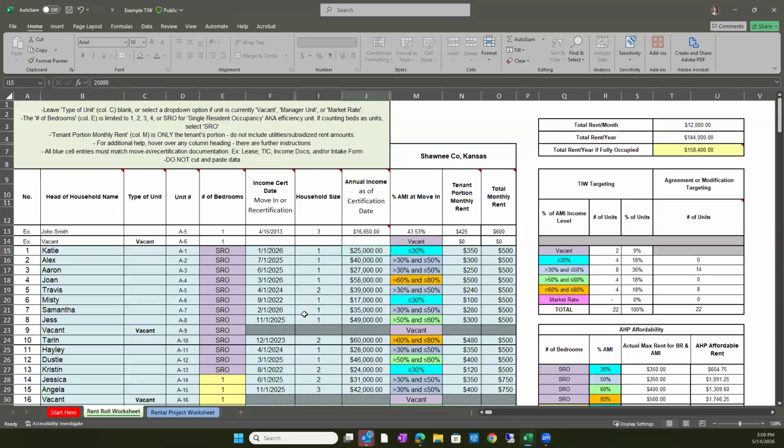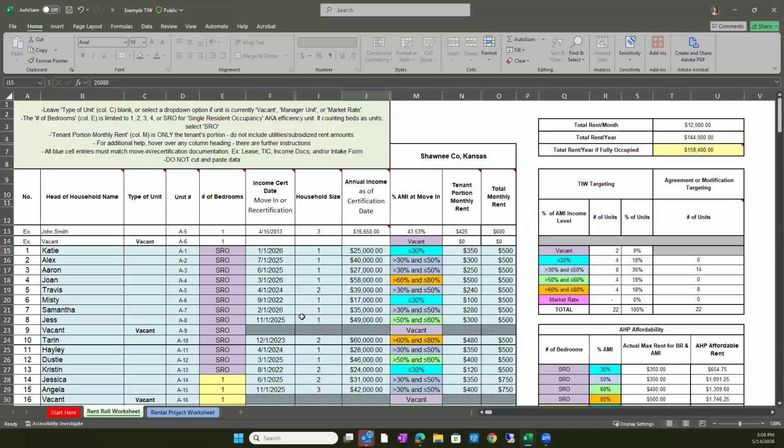The big differentiator between the rent roll worksheet and the rental project worksheet is whether the project is occupied or not. If you are acquiring a property that is currently occupied by residents and are rehabilitating it, then that would still utilize the rent roll worksheet. So it's all about whether the property is occupied, not necessarily whether it's acquisition rehabilitation versus rehabilitation.